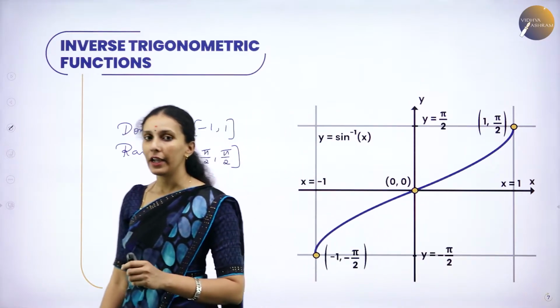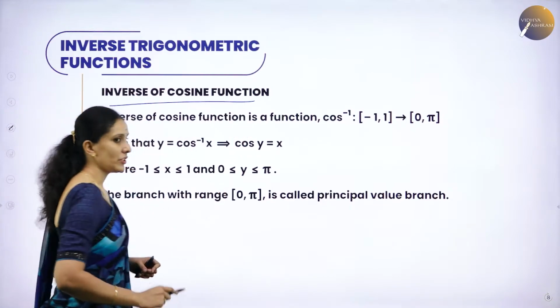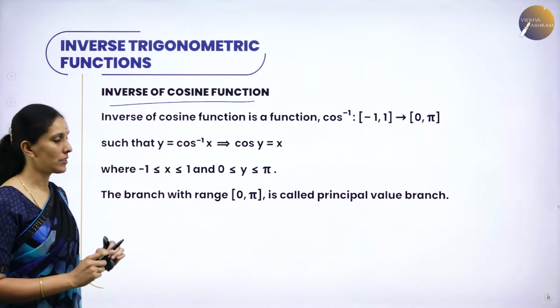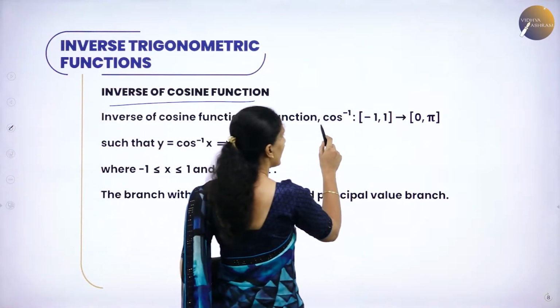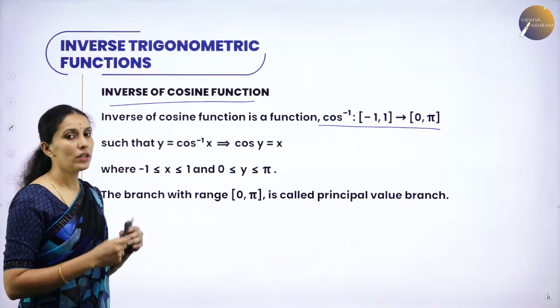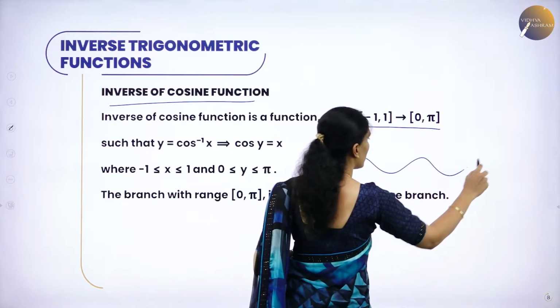Now let's see the inverse of the cosine function. It is similar to what we defined in the case of sine inverse. So cos inverse is a function from minus 1, 1 to 0 to pi. We know the graph of cos, it is also continuous like this.